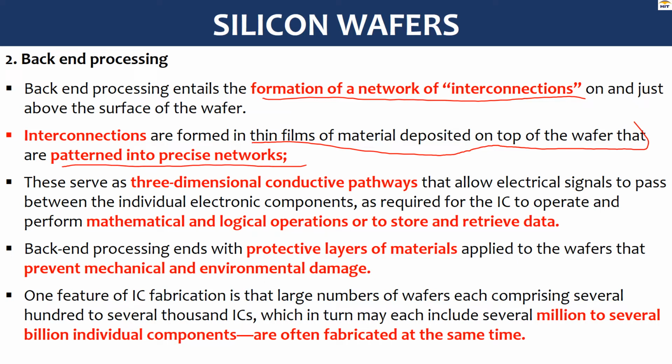They serve as a three-dimensional conductive pathway so that the IC is able to perform mathematical and logical operations or even store and retrieve data. Your back-end processing ends with protective layers of material that prevent mechanical and environmental damage. We're going to talk about the thin layers in the coming slides.